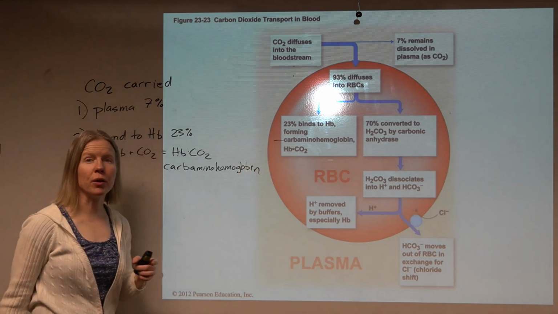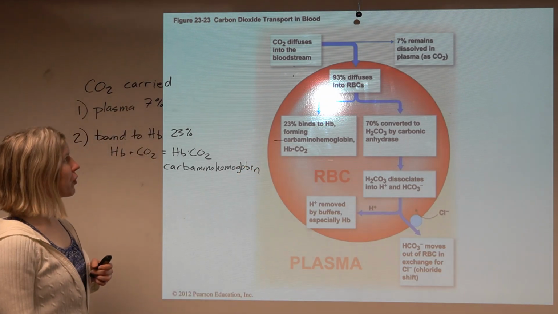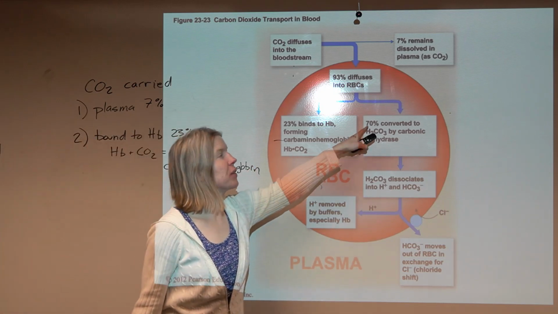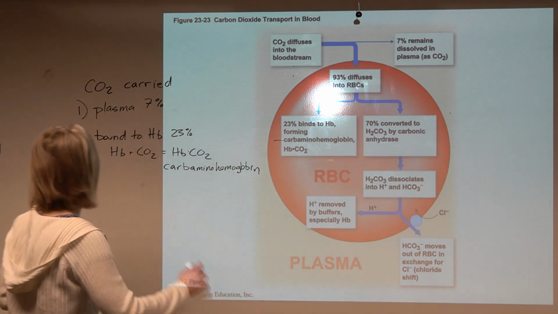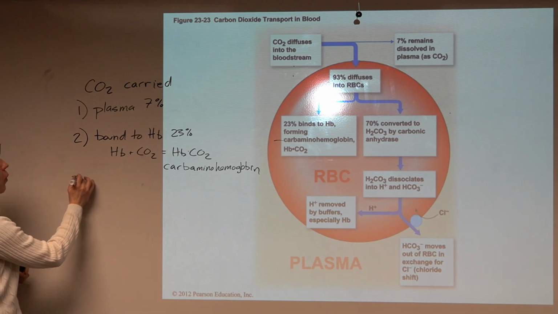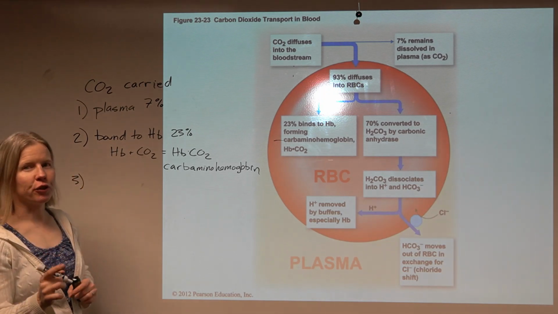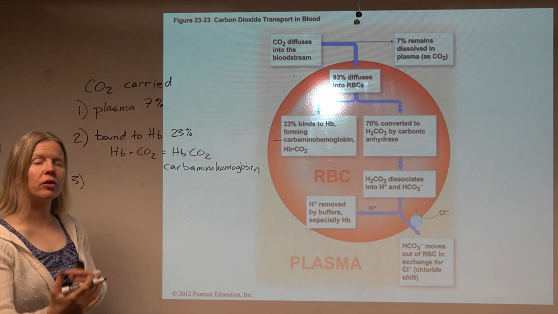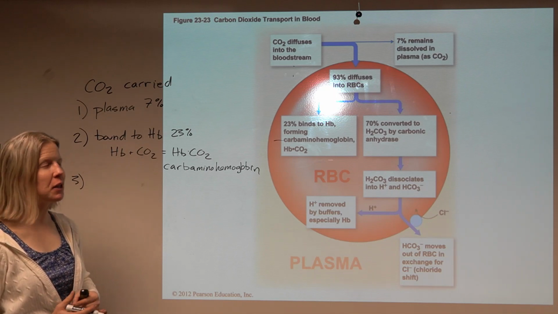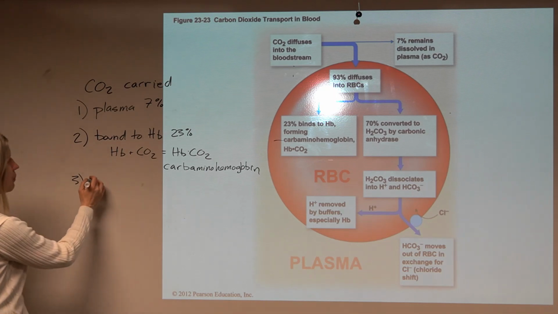Carbaminohemoglobin, 23% of our CO2. That still leaves us with 70% of our CO2, and this is going to be your favorite one. 70% of your CO2 goes through this chemical conversion process, and here's what it looks like.